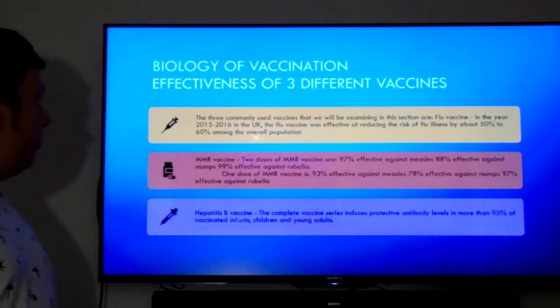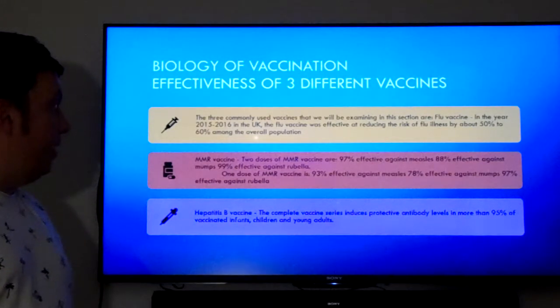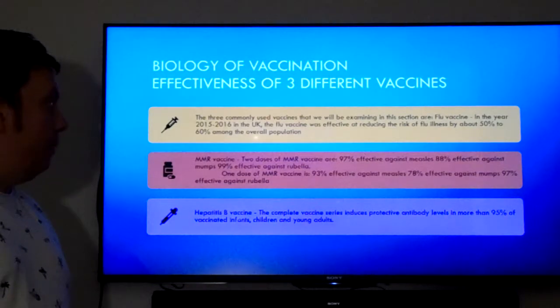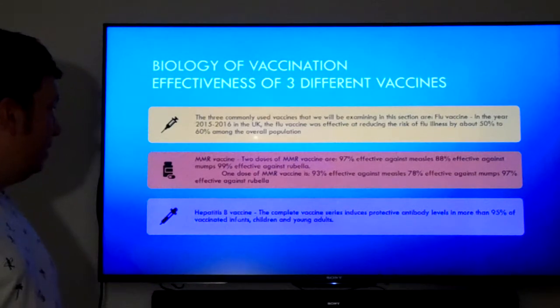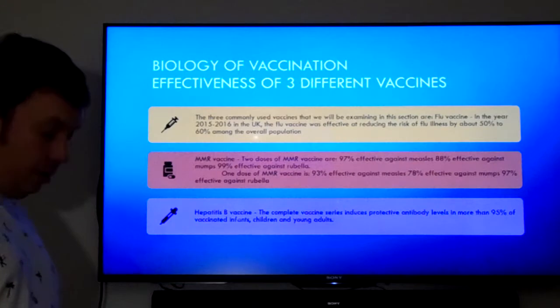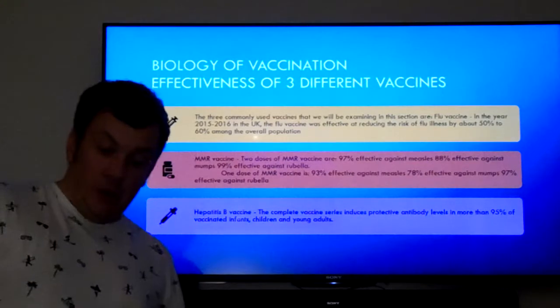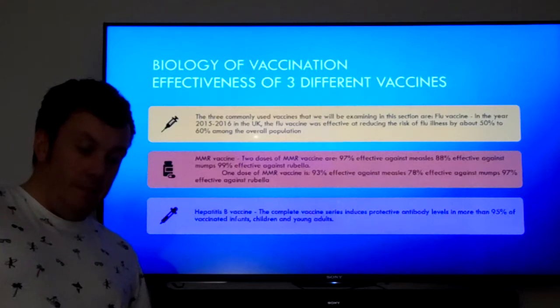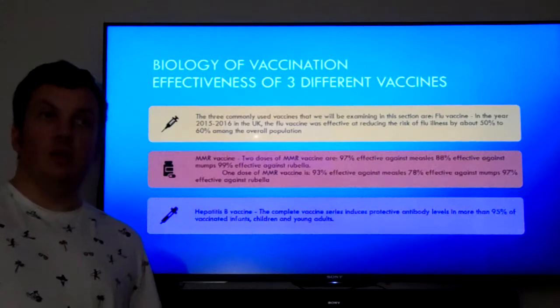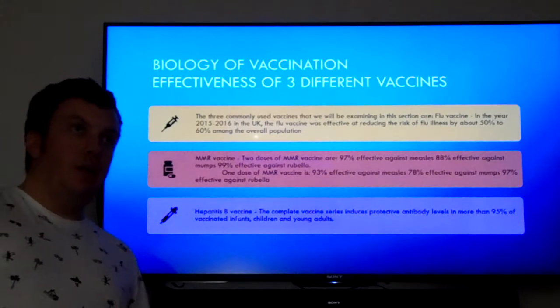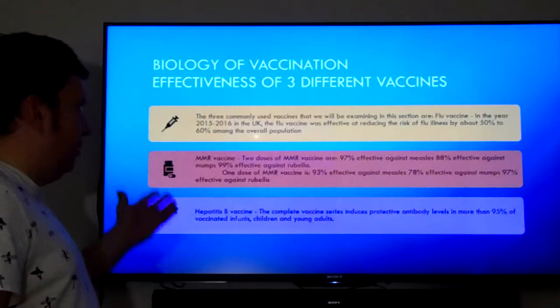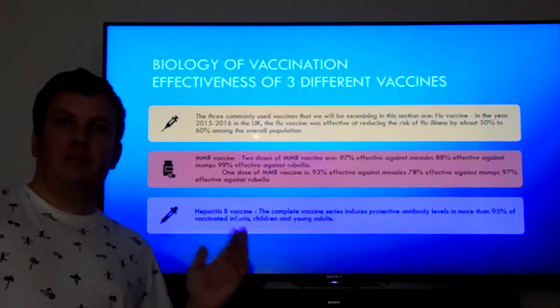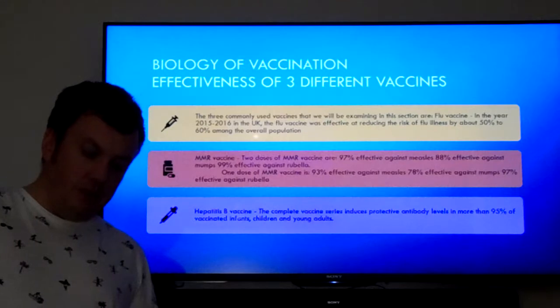Even just 1 dose of MMR is 93% effective against measles, 78% effective against mumps and 97% effective against rubella. Now, we do know that there has been negative press about the MMR vaccine, with links to autism, and I think the stats that we have here pretty much speak for themselves.